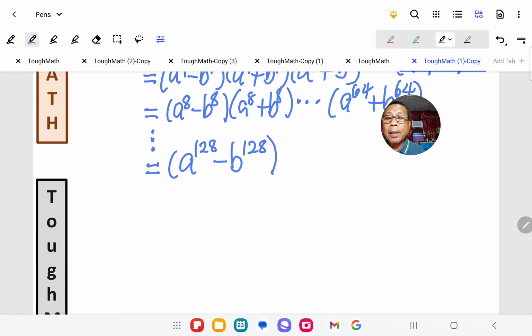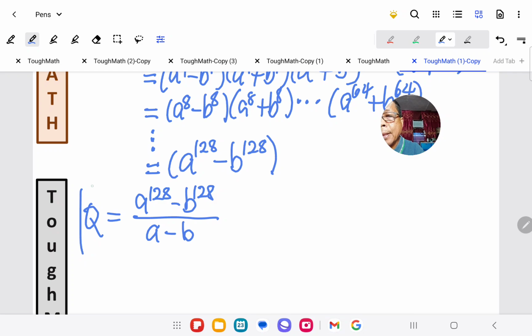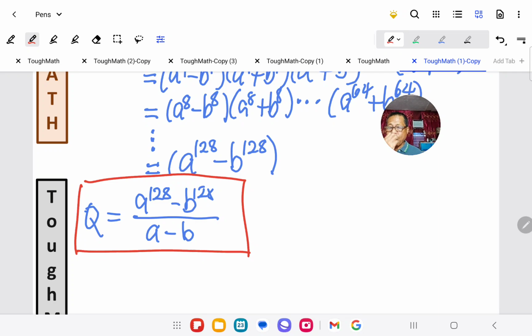Okay, therefore Q more simply is equal to A to the 128 minus B to the 128 over A minus B. Okay, I will use red to highlight this one. So that's the simplified expression for Q.